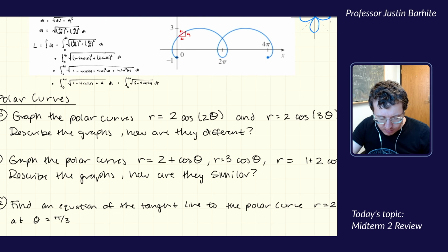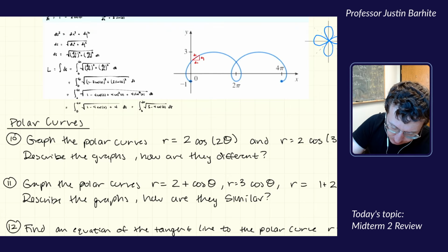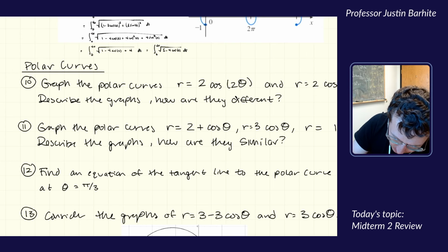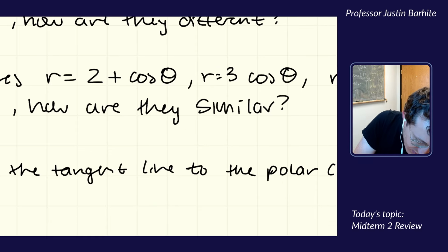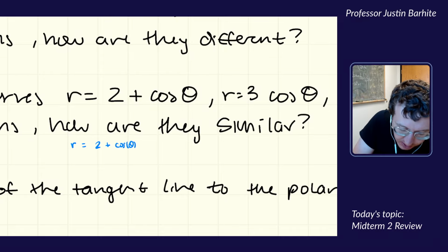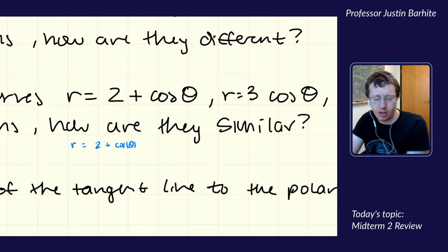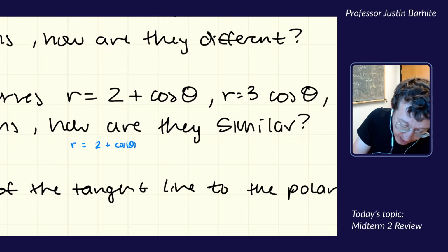Okay, graph the polar coordinates, or polar curves. Here, I'm not going to graph these, but I'll show you how I would go about this. I'm just going to do a little bit of algebra to rewrite these in Cartesian coordinates. So if I have r as 2 plus cosine theta, I see that cosine theta, and that makes me think of x.